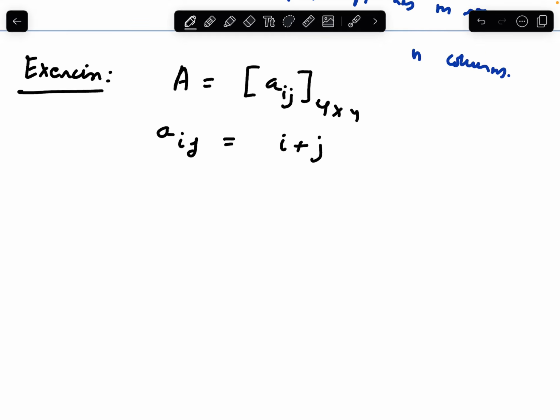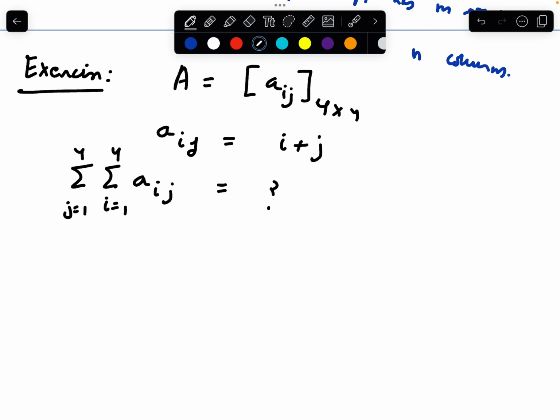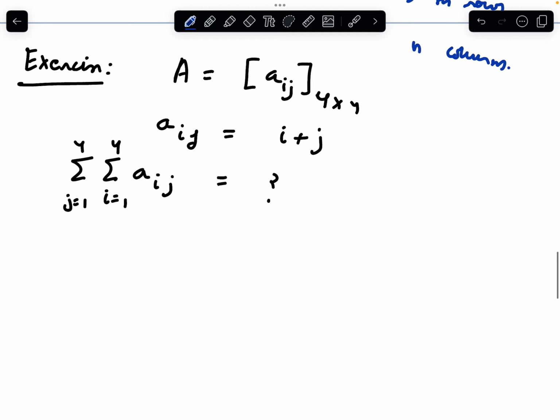Then what is the sum of all Aij? Well, let's make it slightly simpler: 3 by 3, so that this becomes 3.